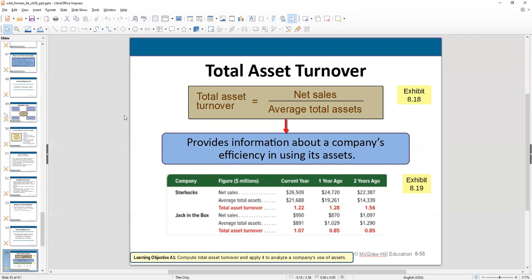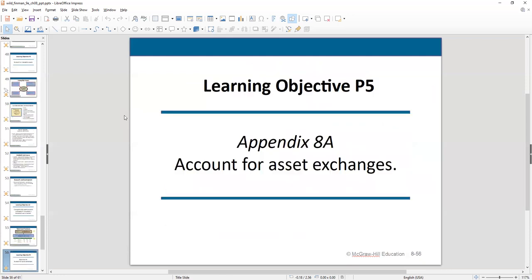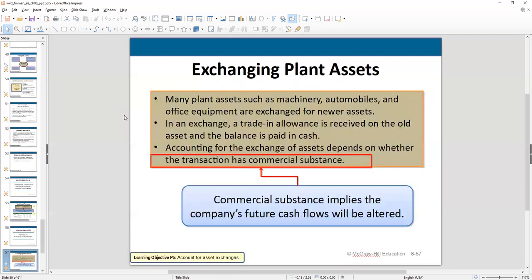As we can see, comparing Starbucks to Jack in the Box, we have a total asset turnover of 1.22 for Starbucks and 1.07 for Jack in the Box. You can see that asset turnover got worse with Jack in the Box and seemed to improve with Starbucks over the last few years. And that's it. That's the end of the chapter.